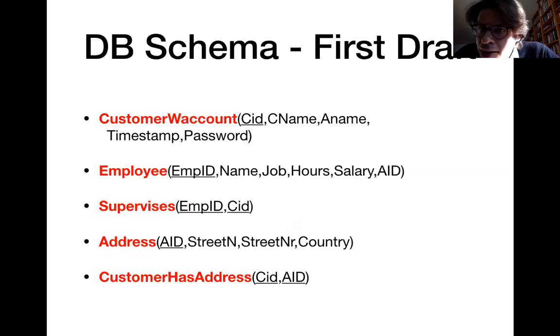So the employee ID is unique, so we underline it also in the relation schema. Similarly for the address, here we just use the attributes that we have seen.